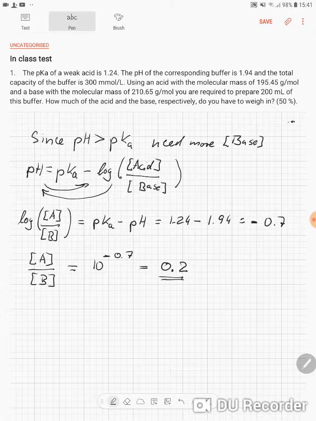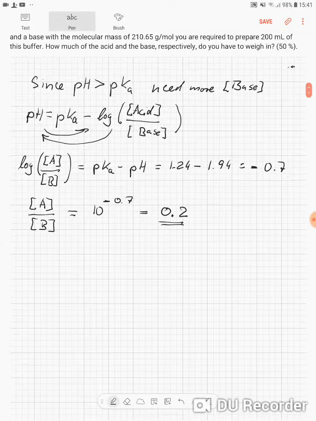And we now need to take into consideration the capacity of the buffer, and here we can basically use two different ways, and I'll show you both ways.